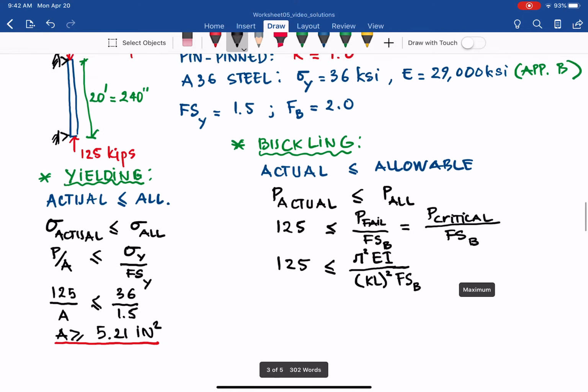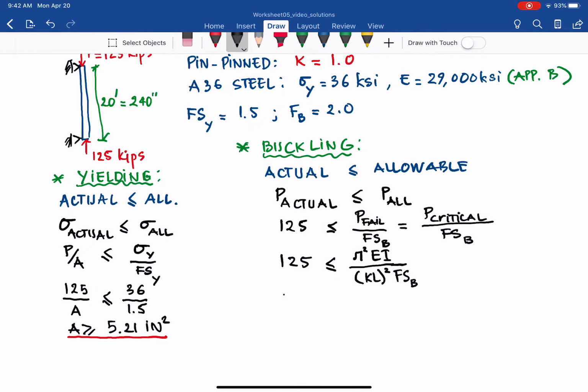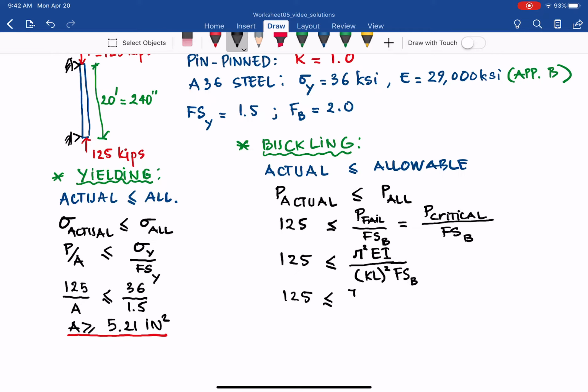So we can plug in 125 less than or equal to pi squared E, 29,000 ksi. I, we don't know. That is the characteristic geometrical property of the cross-section of the member, divided by K. You can see K for pins is 1, so that will be 1 here.